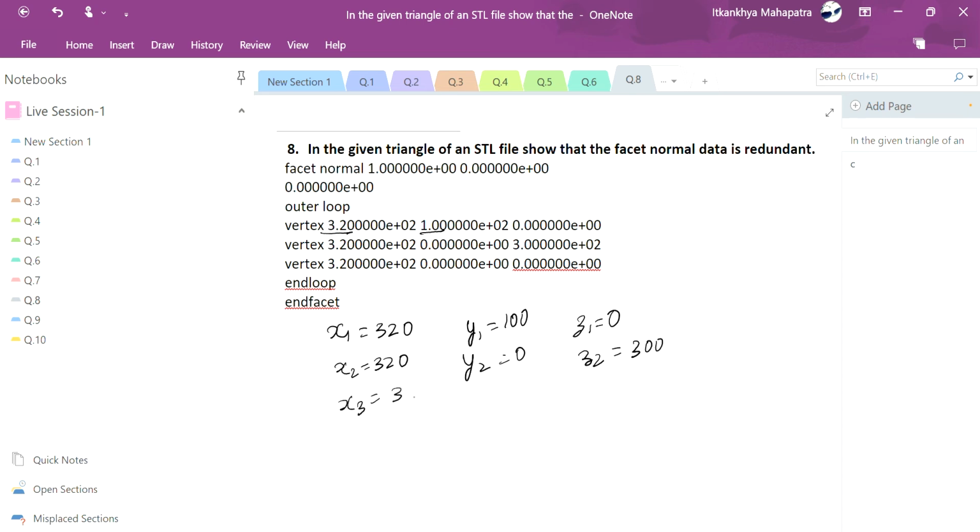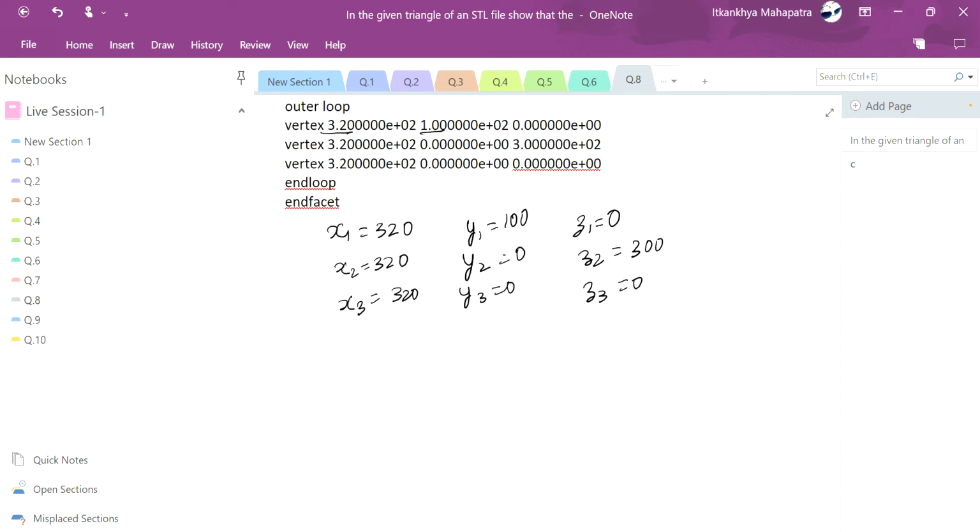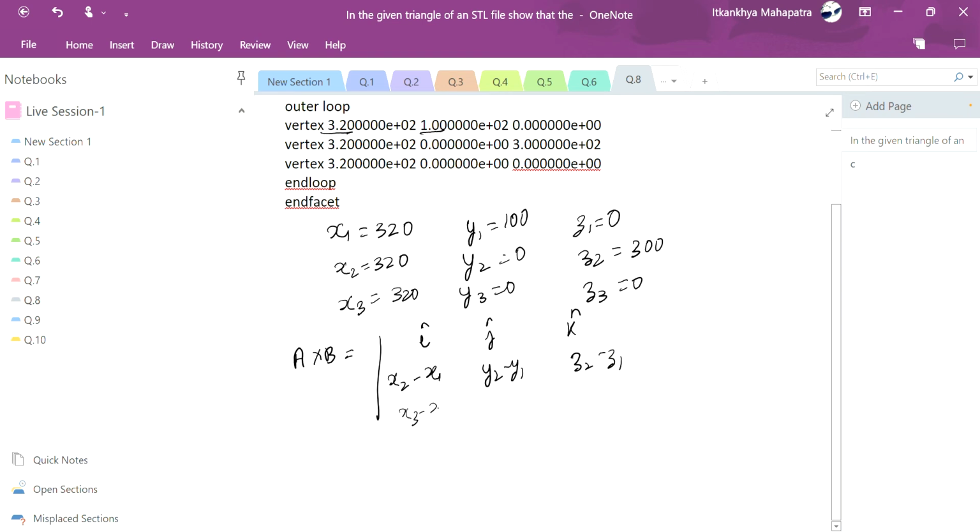X3 is equal to 320, Y3 is equal to 0, Z3 is equal to 0. Now, as discussed previously, we will take the cross product. A cross B is equal to i cap, j cap, k cap; X2 minus X1, Y2 minus Y1, Z2 minus Z1; X3 minus X2, Y3 minus Y2, Z3 minus Z2.